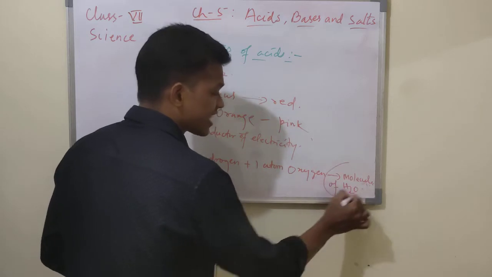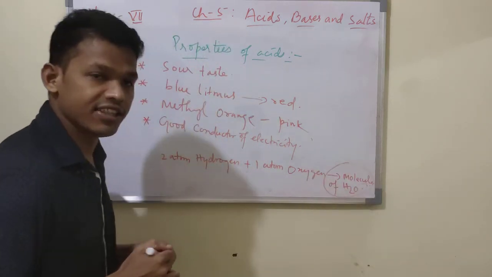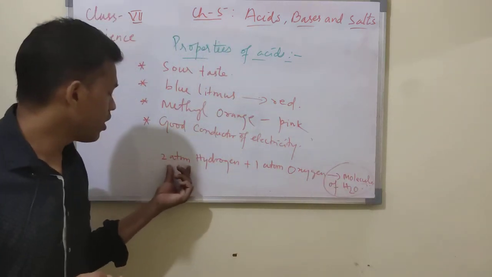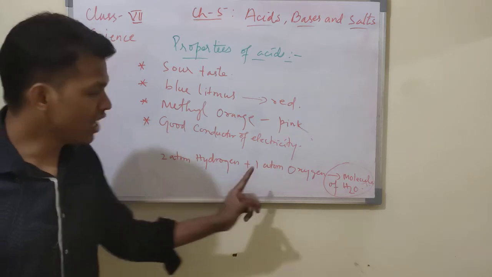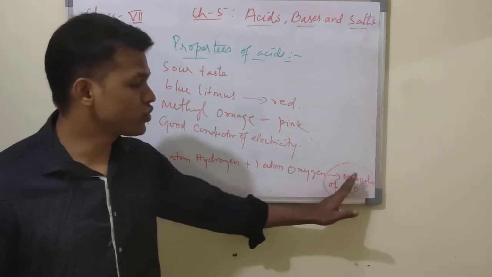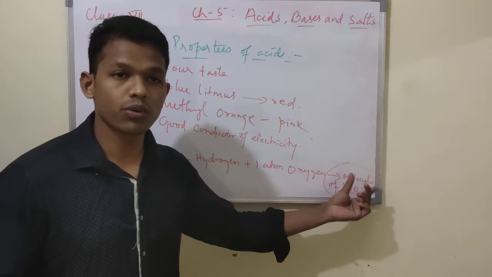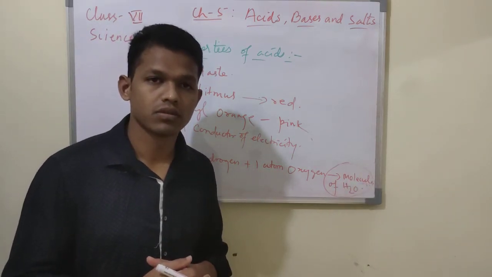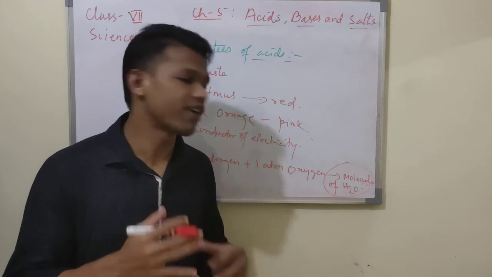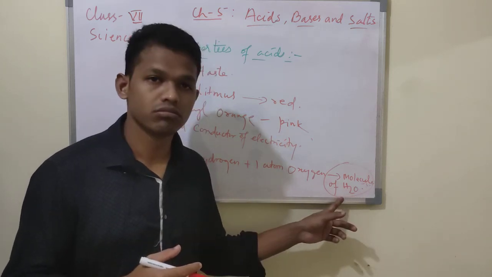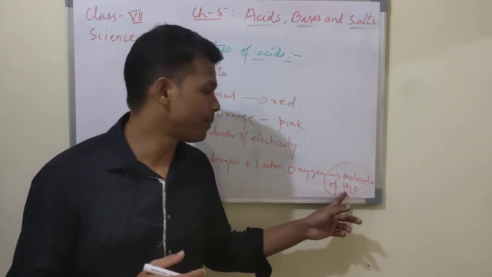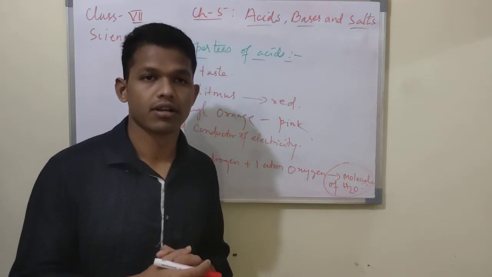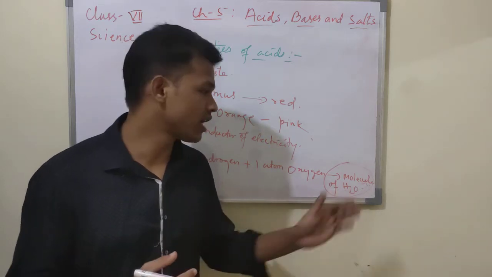We can say this is a compound, because two atoms of hydrogen and one atom of oxygen combine to form a molecule. A molecule is a combination of atoms, or we can say a compound. Here the atoms are bound together, so these are called compounds.